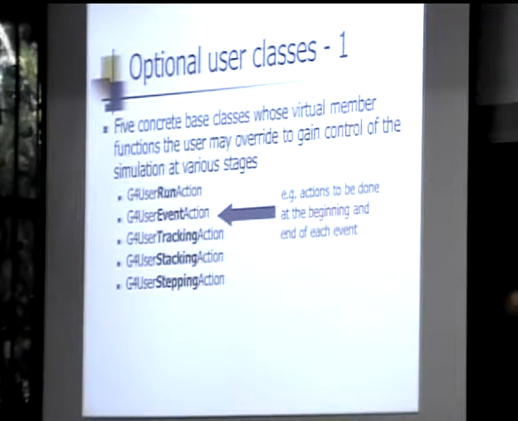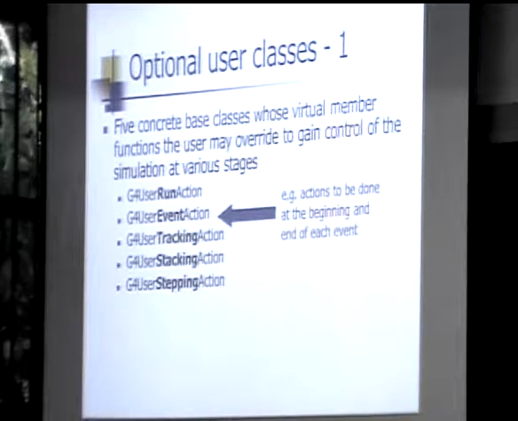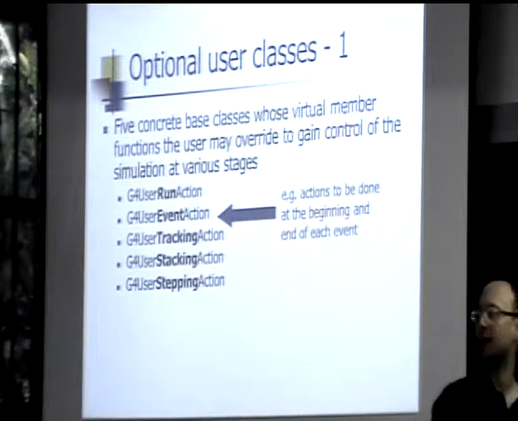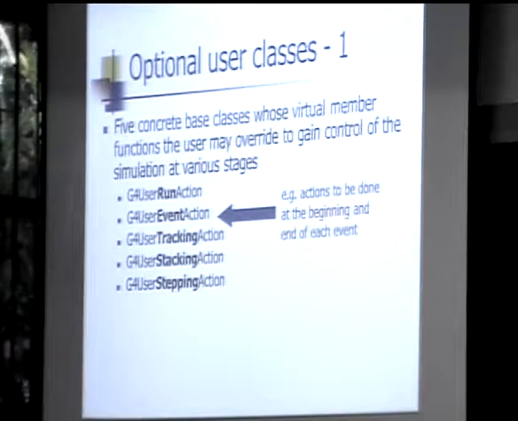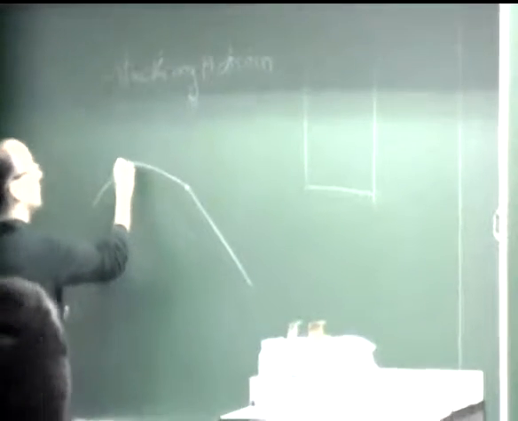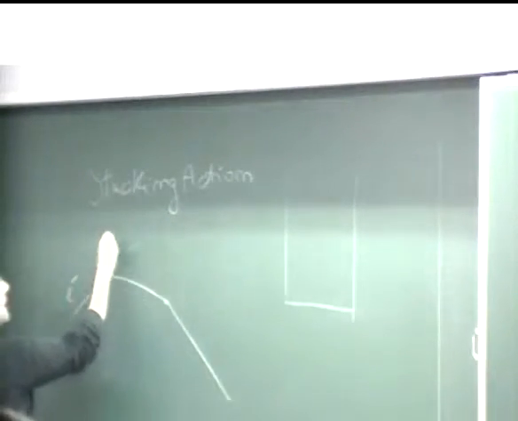Something which I didn't mention so far is the so-called stacking action, which is the action performed when a new secondary is put in the stack. You remember that when you are tracking a particle, you generate secondaries, like an electron here that emits an ionization electron.